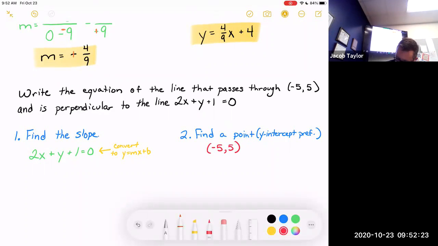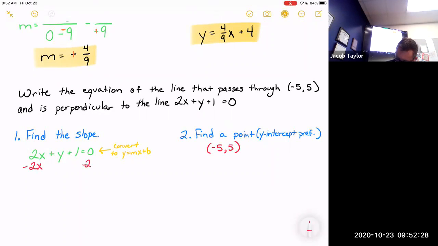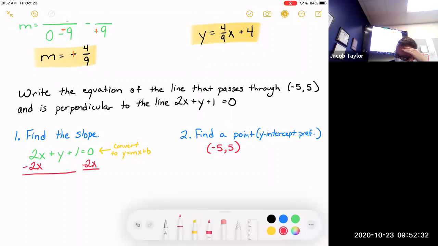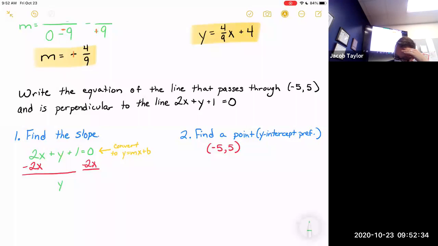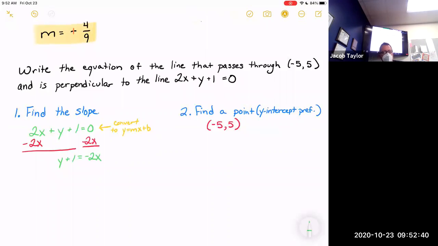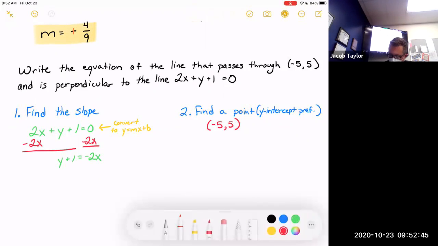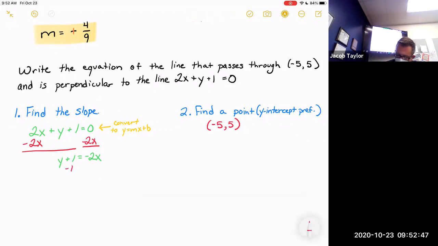So I'm going to, I think, subtract 2x on both sides. Trying to get y isolated. I got y plus 1 equals negative 2x. The y is not quite isolated yet, but it's close. I just have to subtract 1 on both sides.